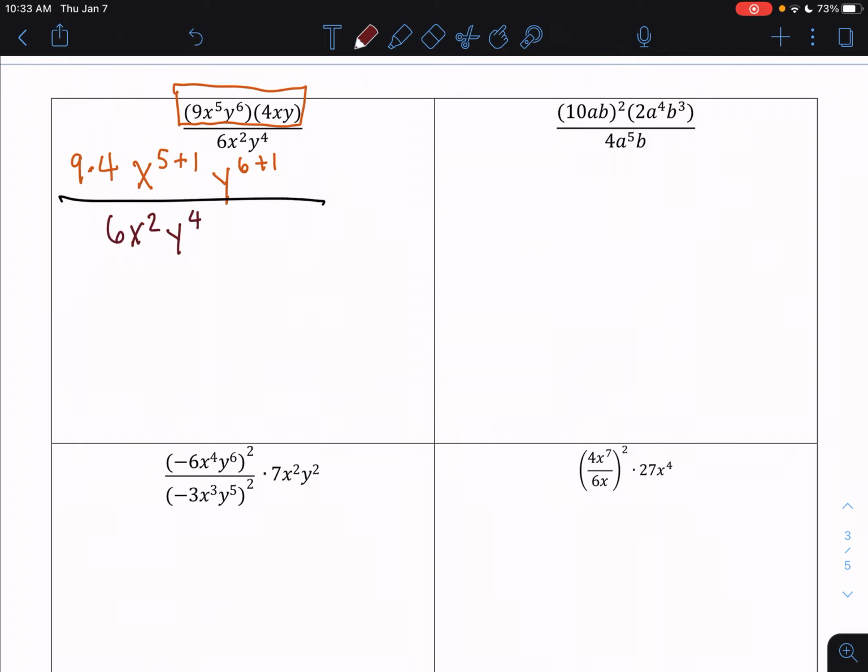All right, I'm going to simplify this down further now. What is 9 times 4? 36. x to the 6th and y to the 7th, all over 6x squared times y to the 4th.